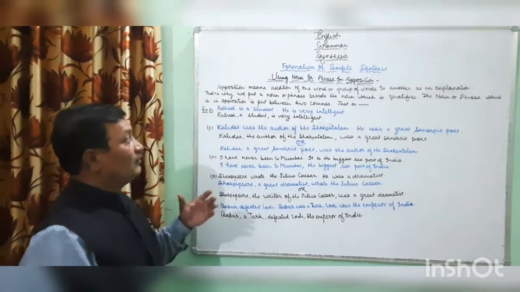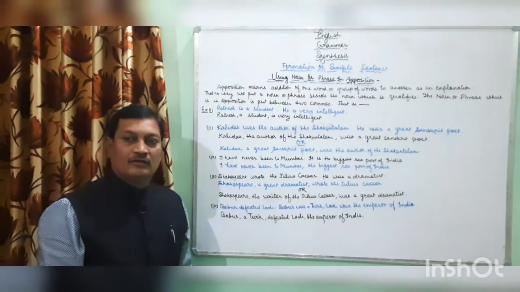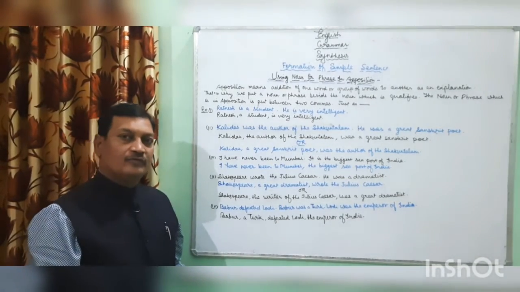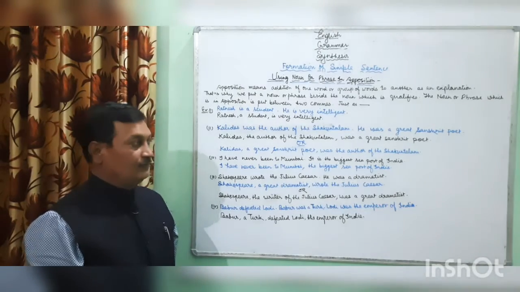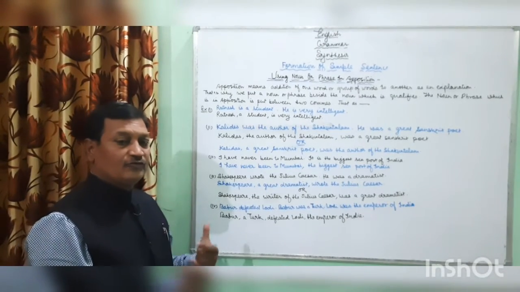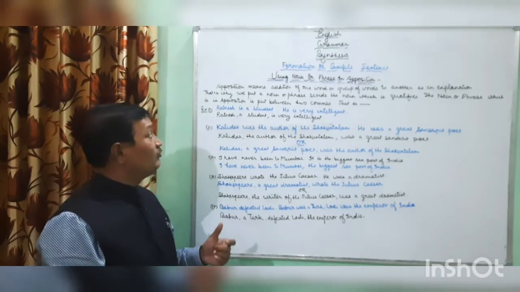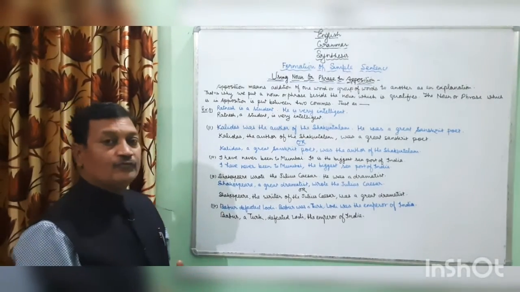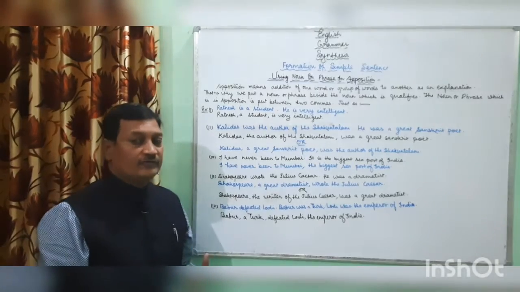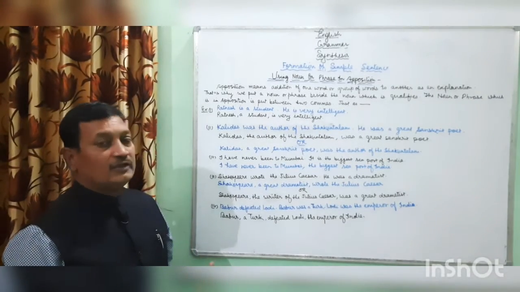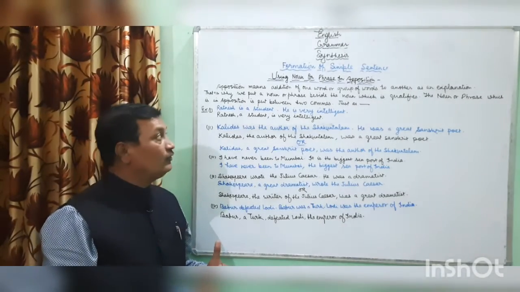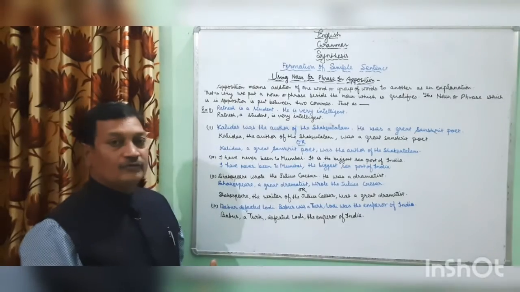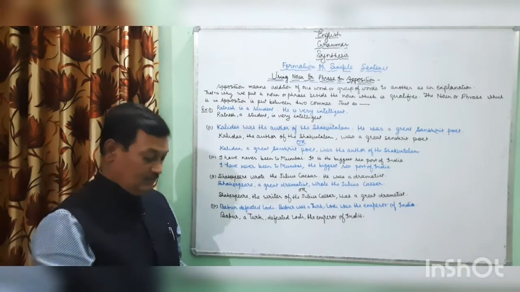Students, let's learn the combination of two or more than two simple sentences into a simple sentence by using noun or phrase in apposition. Students, let's know apposition. What is apposition? Apposition means addition of one word or group of words, that is phrase, to another as an explanation. That's why we put a noun or phrase beside the noun which is qualified.